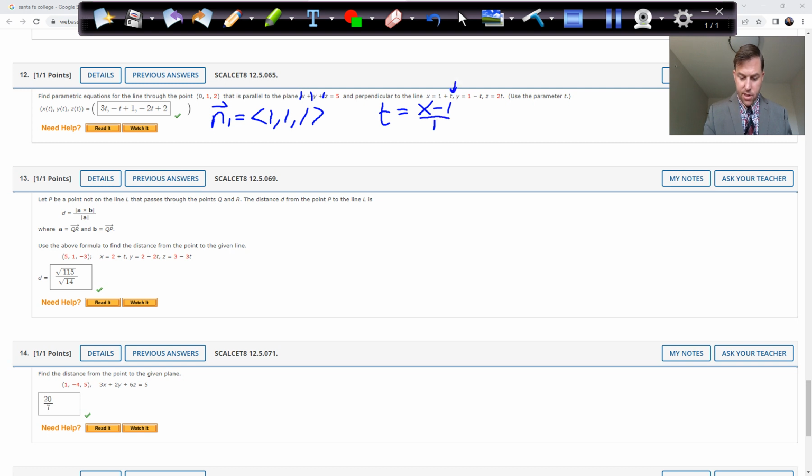You'll see why I do that in a second. That has to be equal, solve for this t. Well, move the t over, so t is equal to 1 minus y over 1. And then solving for this t, I just have to divide z by 2. So z divided by 2.